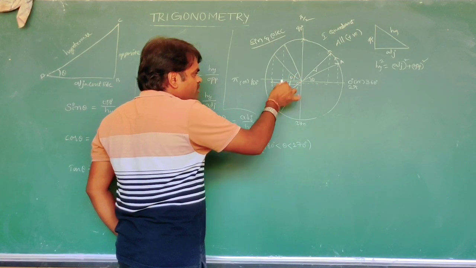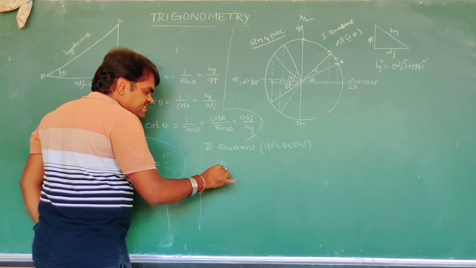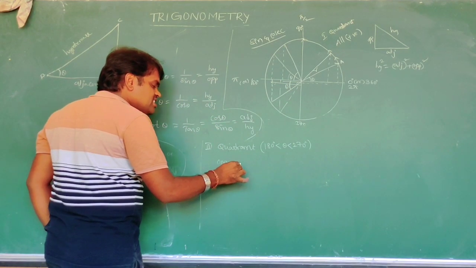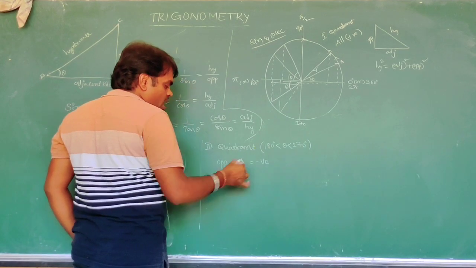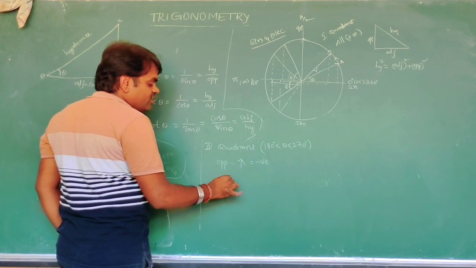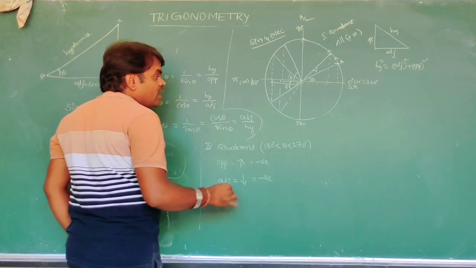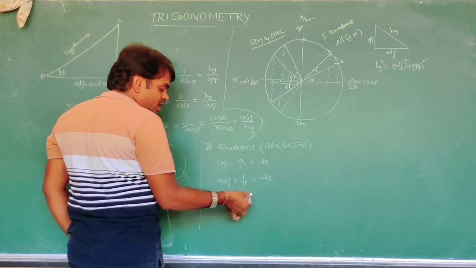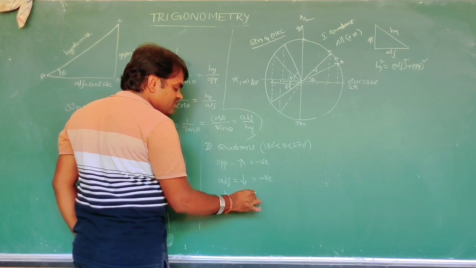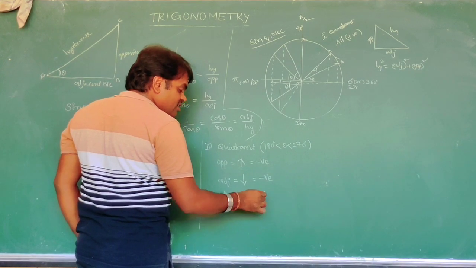Taking theta, that means in this, opposite side increases but negative. Adjacent side decreases but negative. And here hypotenuse is constant and remains positive.